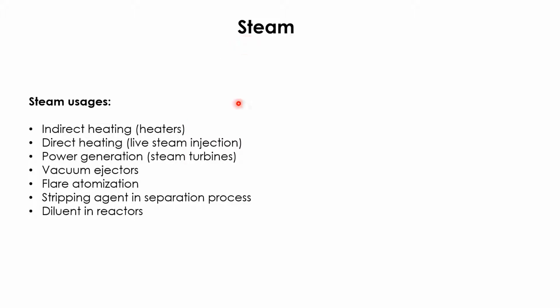High pressure steam is used for power generation in steam turbines. Steam is also used in vacuum ejectors, flare automation, as a stripping agent in the separation process, as a diluent in the reactors, and so on. So there are many other usages of steam.